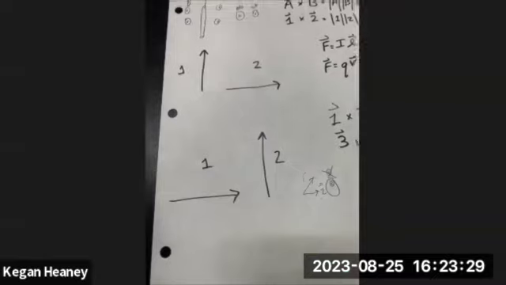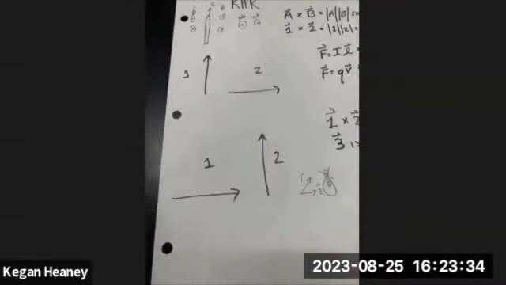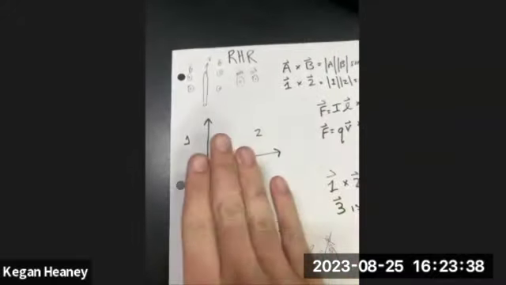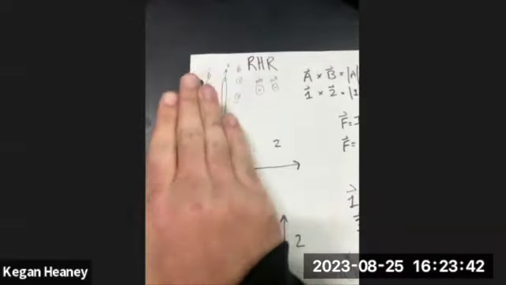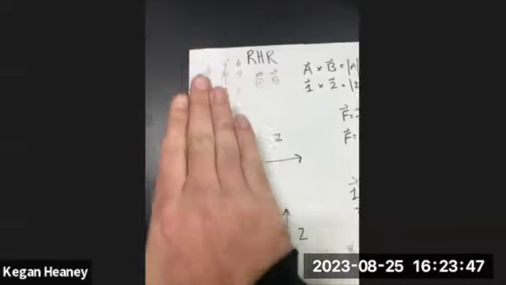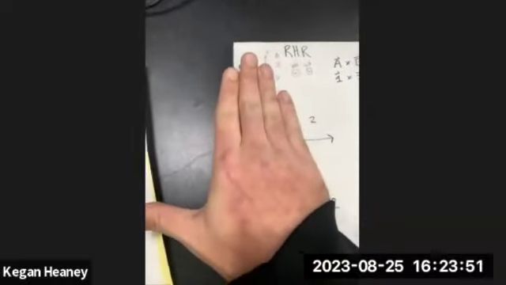So the way I first started doing this is, whatever direction vector 1 is, I take my right hand, and my fingertips are going to point in the same direction as vector 1. So right now, my fingers are pointing in the direction of vector 1. My thumb is going to stay out to the side like that.